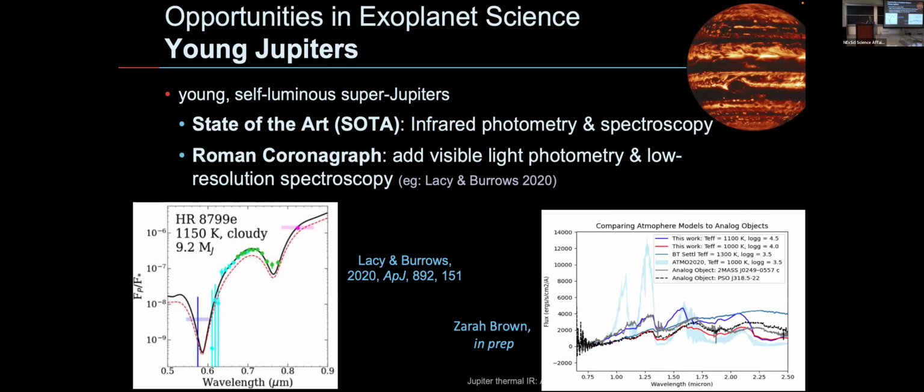And we imagine we are going to be observing these young self-luminous super Jupiters, but at visible light, at shorter wavelengths, accessing different molecules, trying to better constrain abundances and cloud properties through a combination of near IR and visible light imaging.